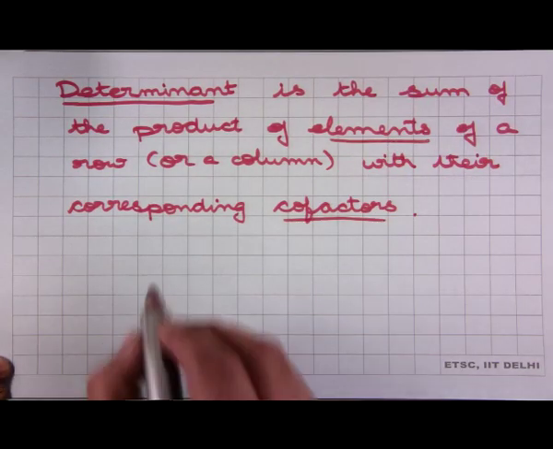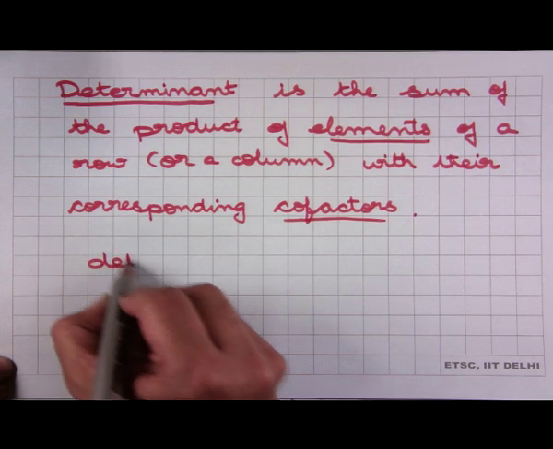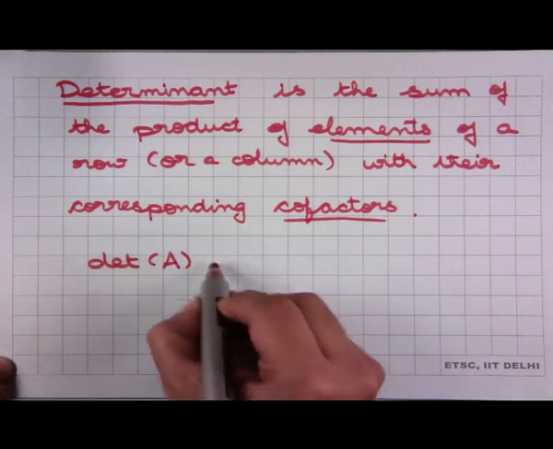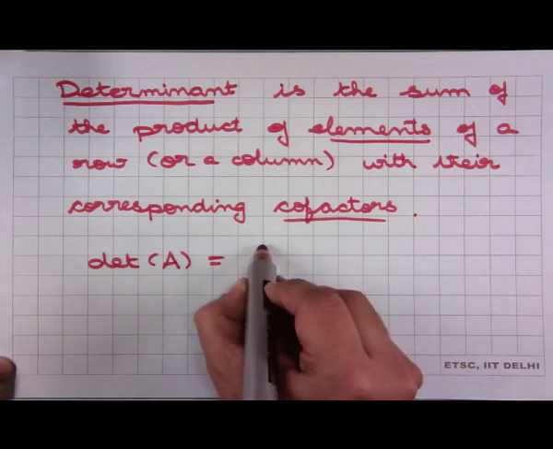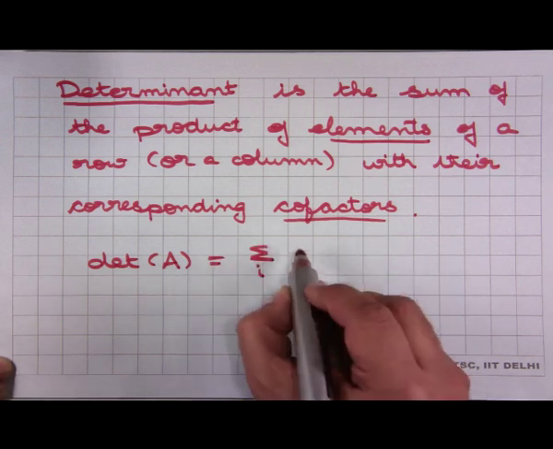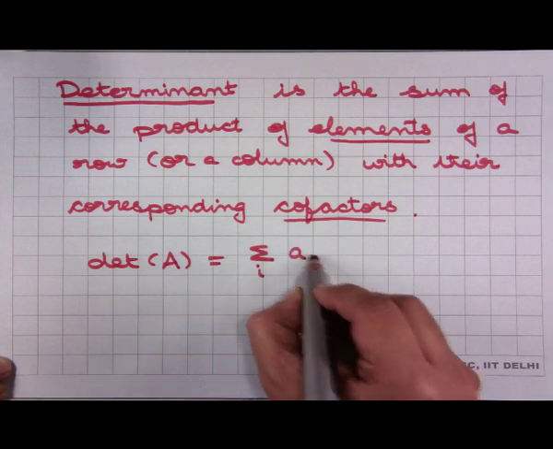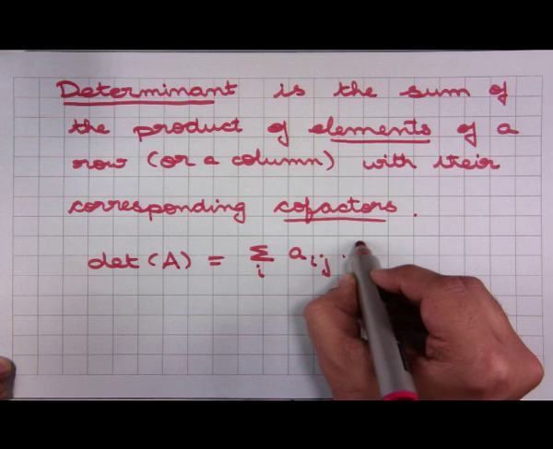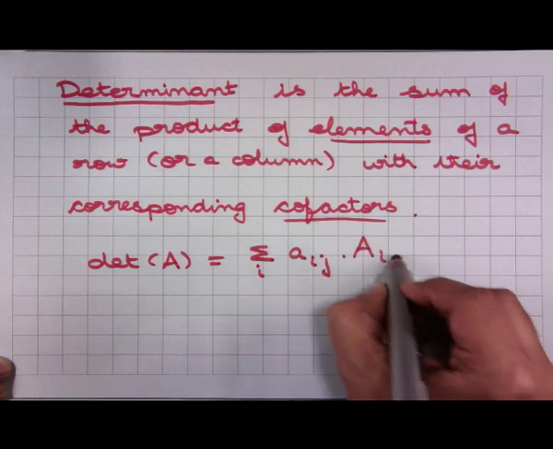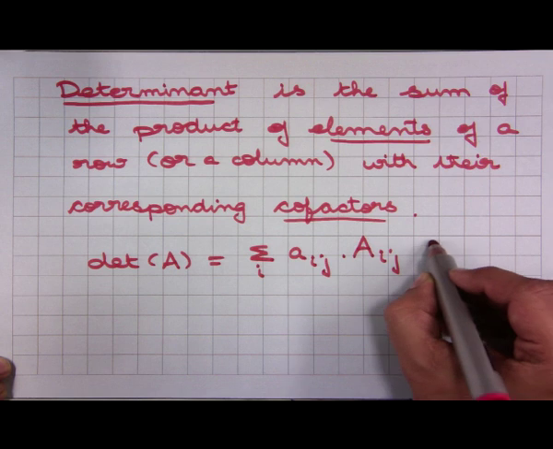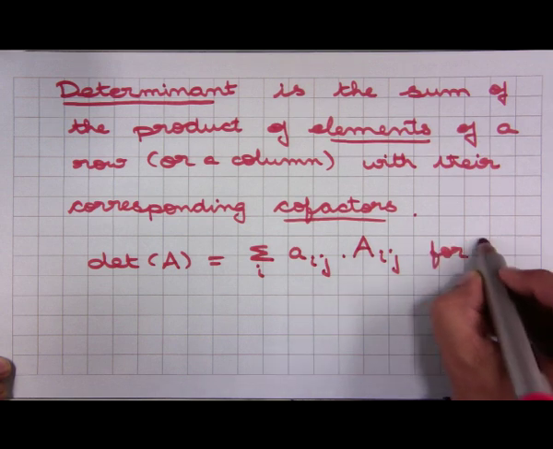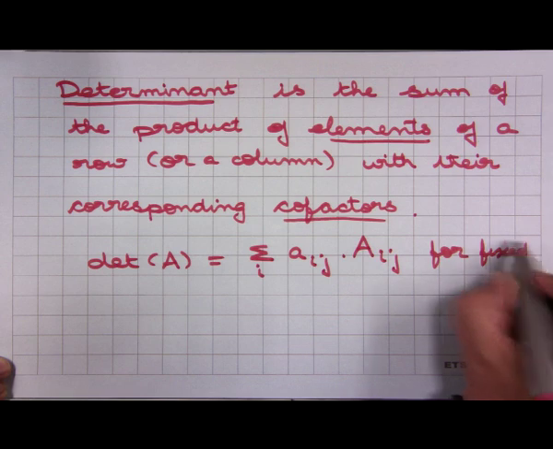So mathematically we would say that the determinant of A is the summation over i of Aij times Aij for a fixed j.